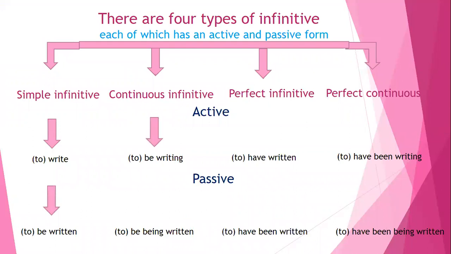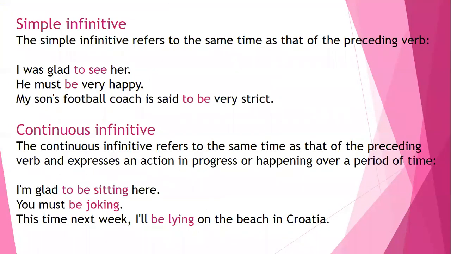Continuous infinitive: to be writing, in passive, to be being written. Perfect: to have written, to have been written. To have been writing, to have been being written. These are forms of four types of infinitive in active and passive forms.